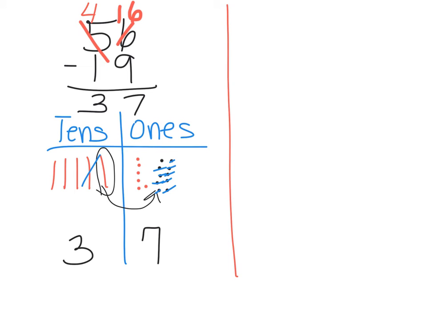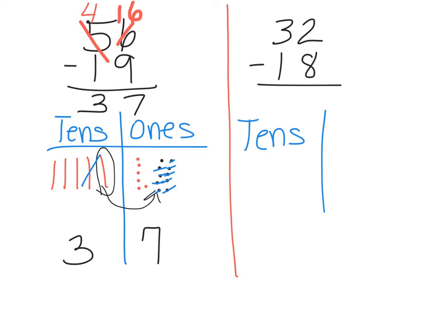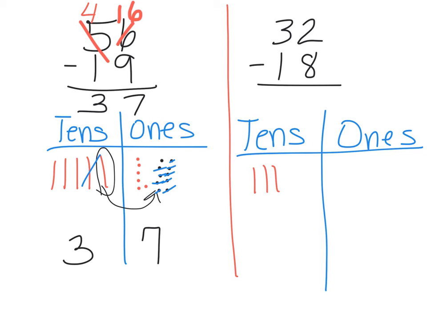Let's look at this subtraction problem. 32 minus 18. So let's use a quick picture so that we can understand how the standard algorithm works. So step 1, we start with 32. So let's draw a quick picture for that. 32 has 3 tens, 2 ones.